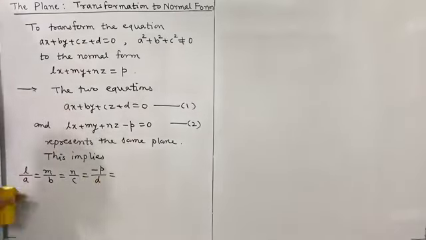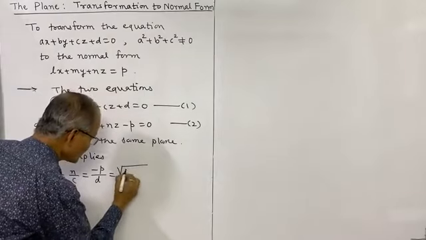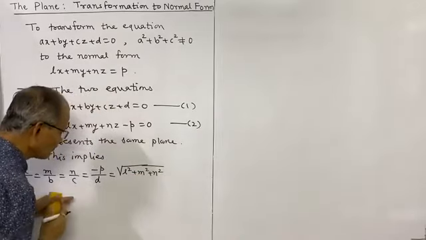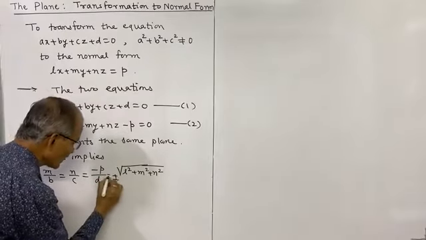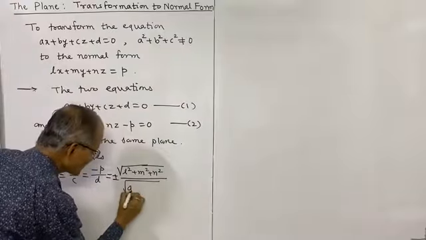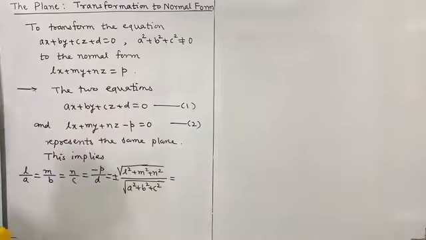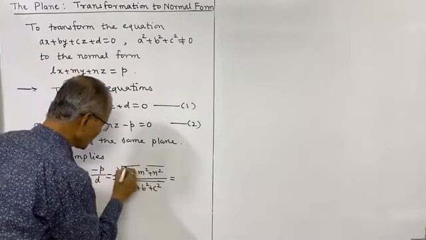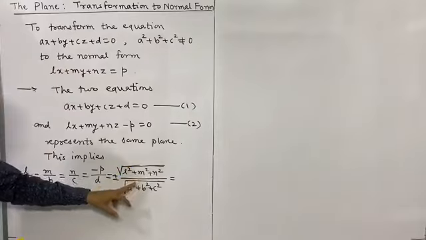By using the properties of ratios, this can be written as the square root of l squared plus m squared plus n squared divided by plus or minus, because there is a radical sign we have to write plus minus, root of a squared plus b squared plus c squared. Now we know that l, m, n are the direction cosines of the normal to the plane, and therefore l squared plus m squared plus n squared is equal to 1.